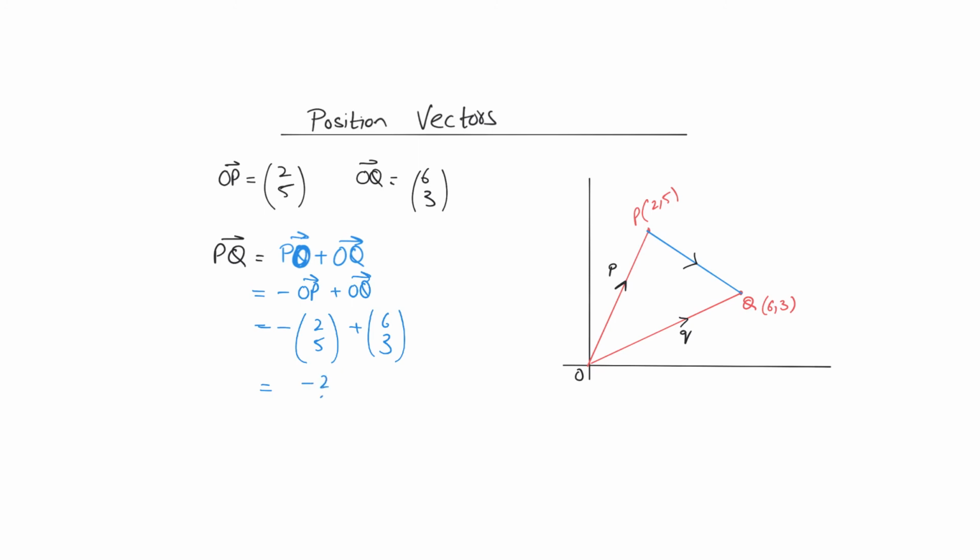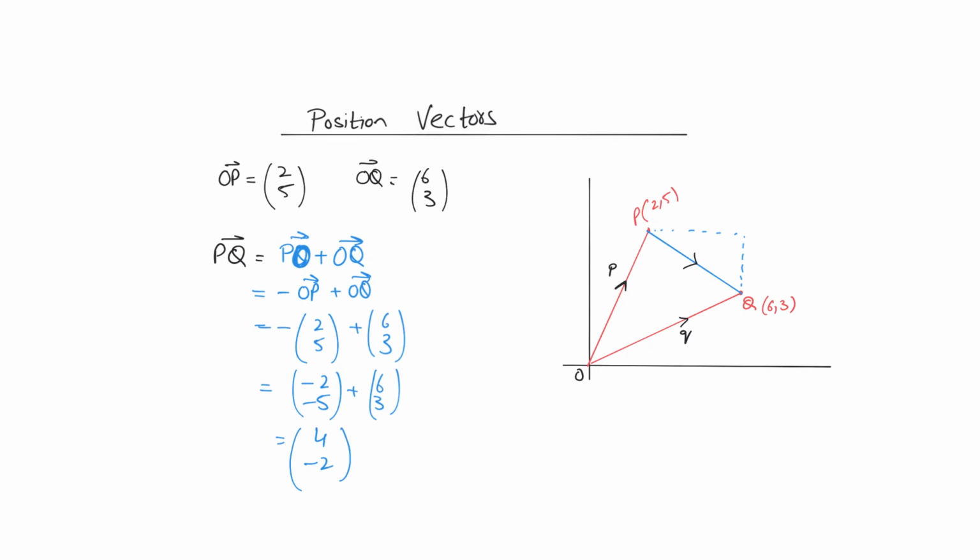So (-2, -5) plus (6, 3). If you add the x components together, you get 4, and if you add the y components, you get negative 2. So 4 units in the x direction and negative 2 units in the y direction. That is our resultant vector PQ.